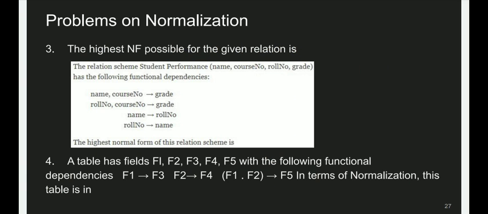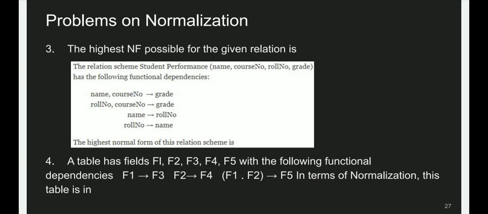The third question is, we are given a relation with functional dependencies. They are asking you to find out the highest normal form possible for the relation. So here also we have to determine the keys. You can see that name, course number and roll number, course number, they both can determine every other attribute.